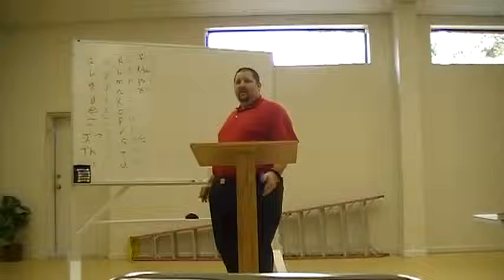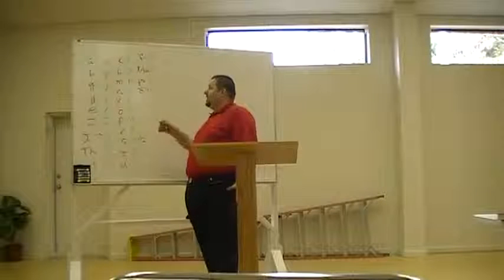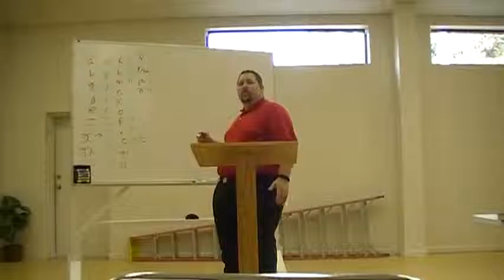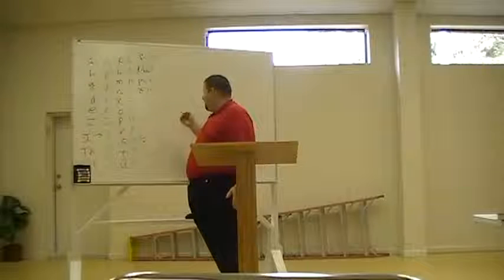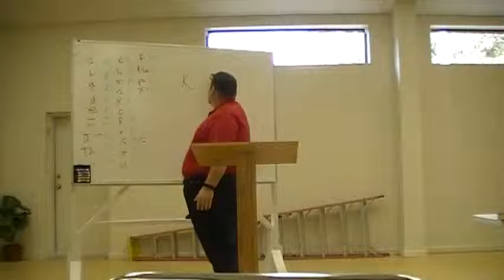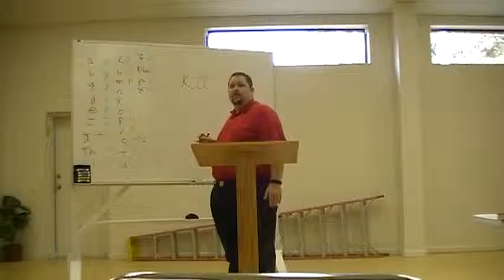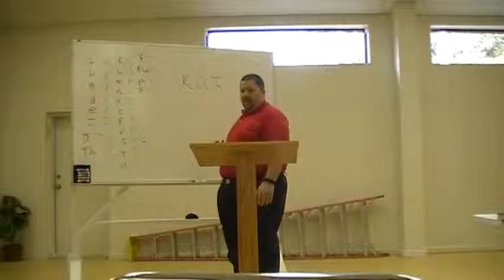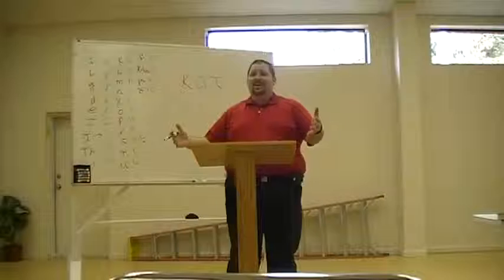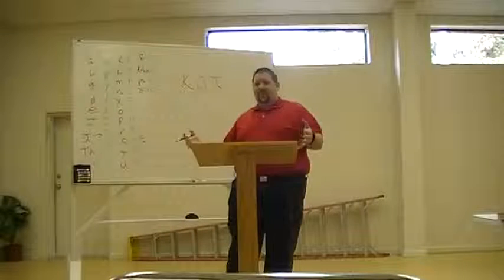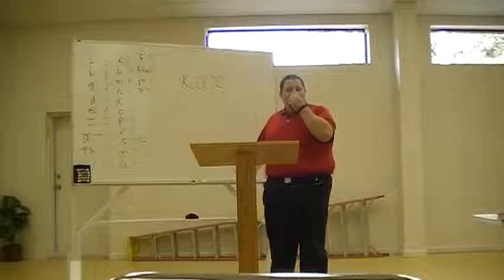It'd be K-A-T, but in the Greek letters, what's the Greek for K? Kappa. Okay, so it'd be kappa, and then alpha, and then tau. So that would be cat. I know we're going back to the most elementary, but this is the same way you learn to write English, so it's fine.